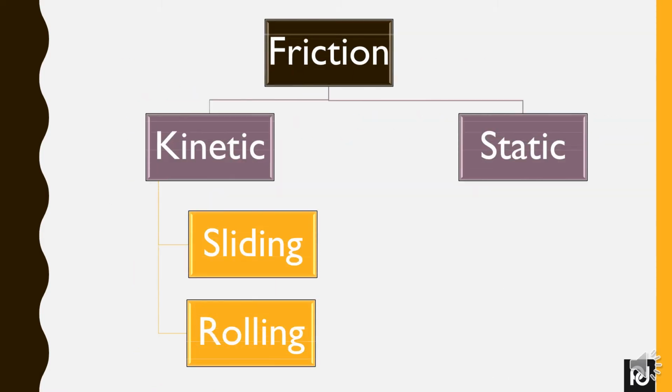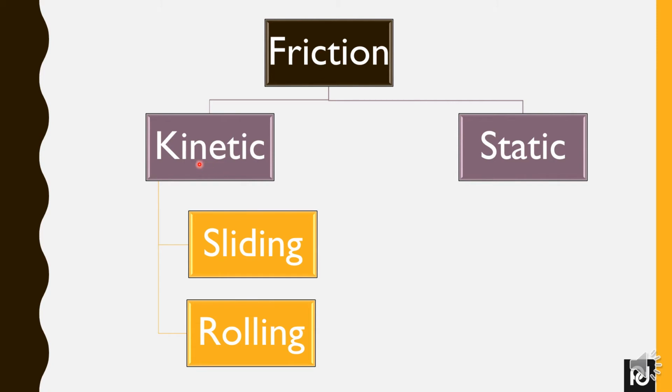So let's head towards the types of friction. The two basic types of friction are kinetic and static. The word kinetic itself means that something is in motion, whereas the word static means something is stagnant or not moving.